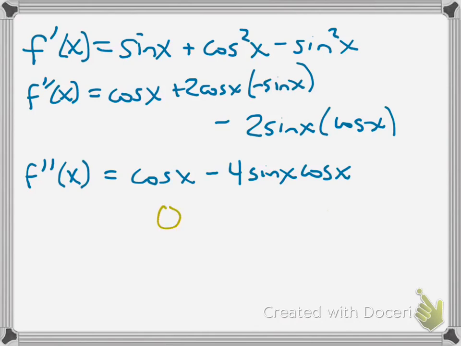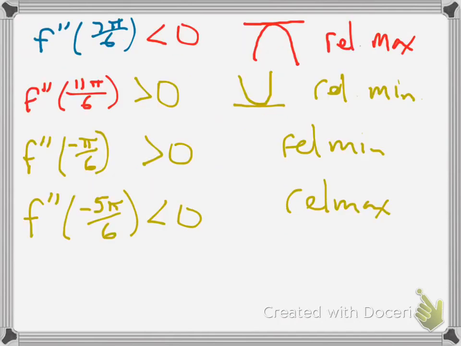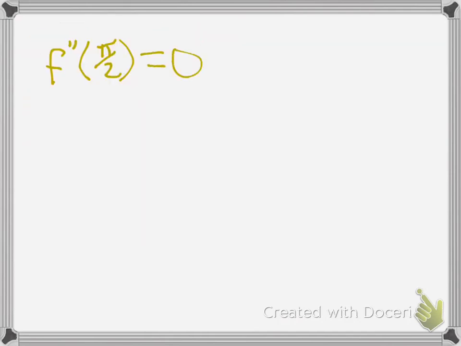So if I have a 0 here minus, well, cosine is in the second expression as well. When I multiply all that together, I'm going to get 0 minus 0. So I just get 0 for this. Neither a positive number nor a negative number. That creates a problem when using the second derivative test, because the second derivative test fails if the second derivative is 0 at that value. So we don't get a conclusion from this.